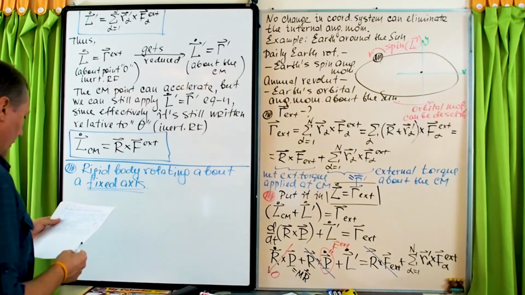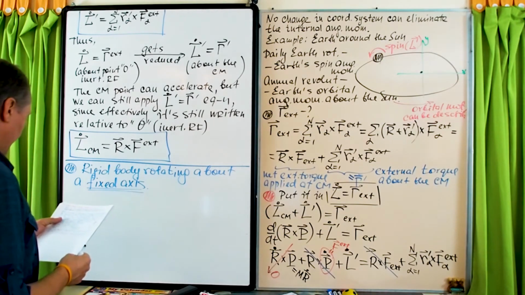So the direction of the axis of rotation is along the same line.